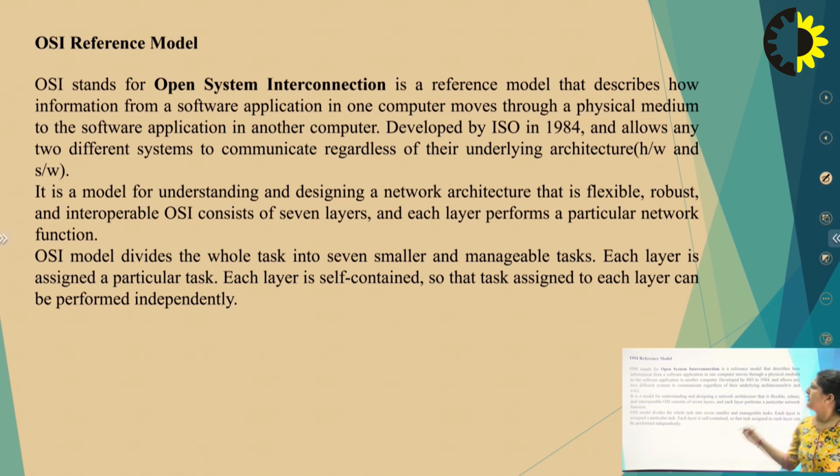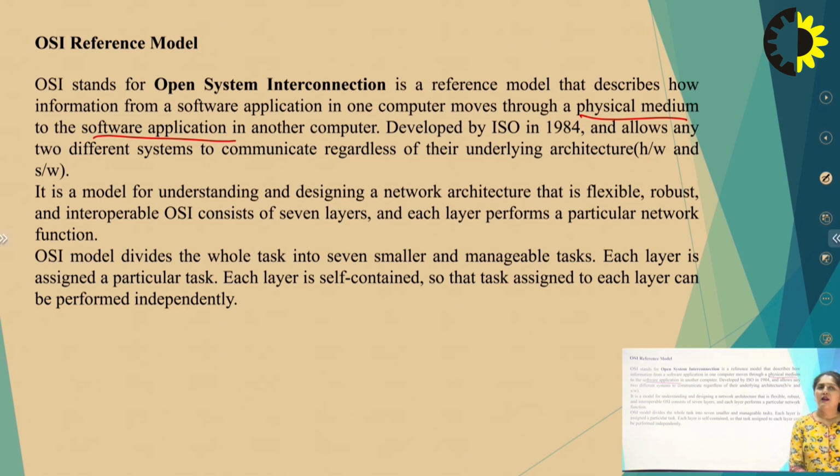So we have a total of 7 layers, from the application layer, that is the software application layer from which the user interacts, to the last layer, the physical layer. The physical medium comes in this physical layer. It was developed by ISO in 1984 and allows different systems to communicate regardless of their underlying architecture.